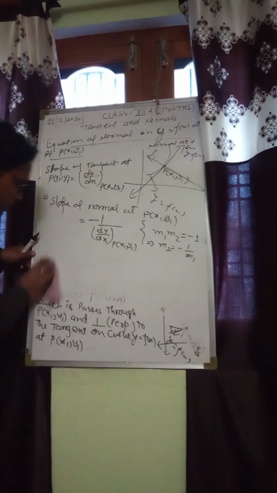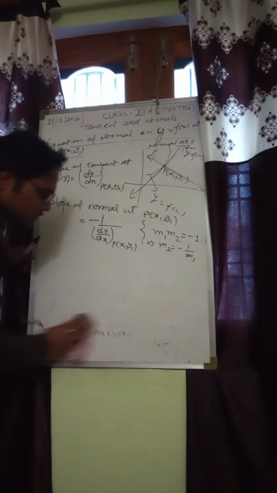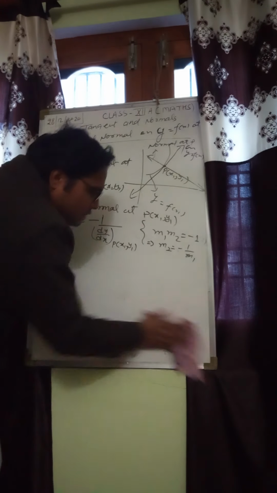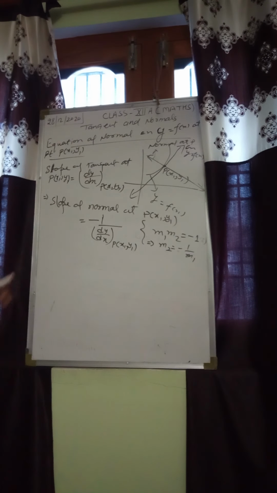Okay, now it's very easy to find out the equation of a normal. Why? Because we have the slope of normal and also the point through which it passes. It passes through P(x1, y1) and its slope is -1 upon dy/dx at P(x1, y1).